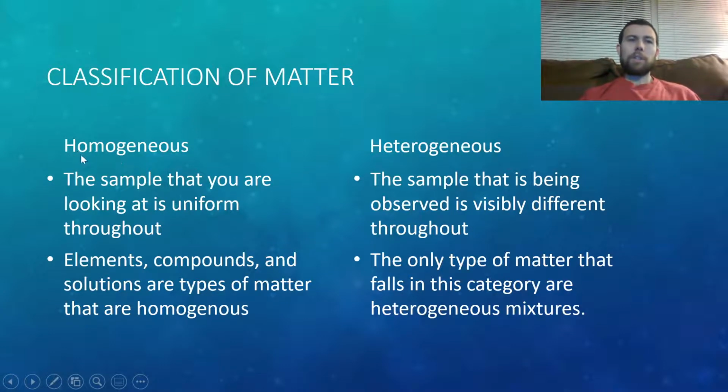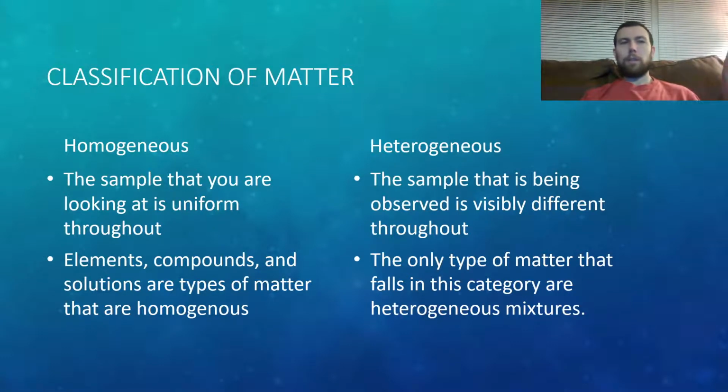Well, that prefix homo means that it looks uniform or similar, right? And so when we talk about something that's homogeneous, we would say that the sample, or whatever it is that we're looking at, is uniform throughout. So it visibly does not look different.